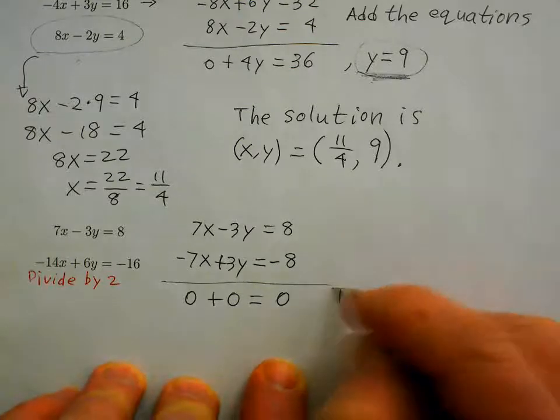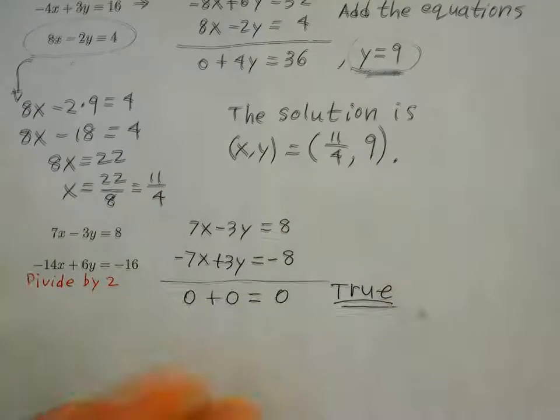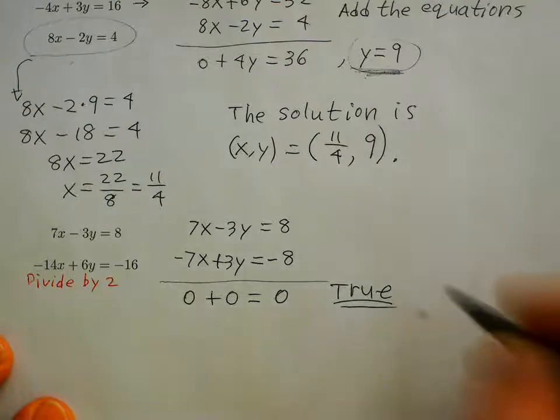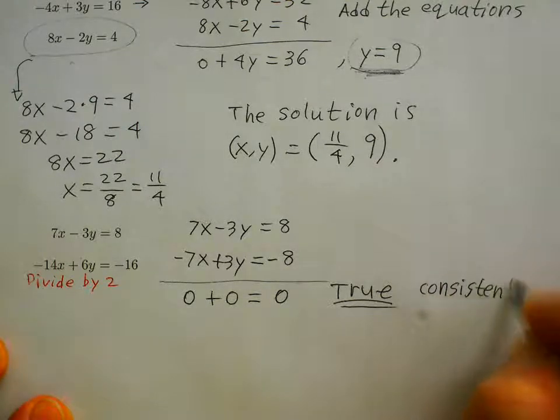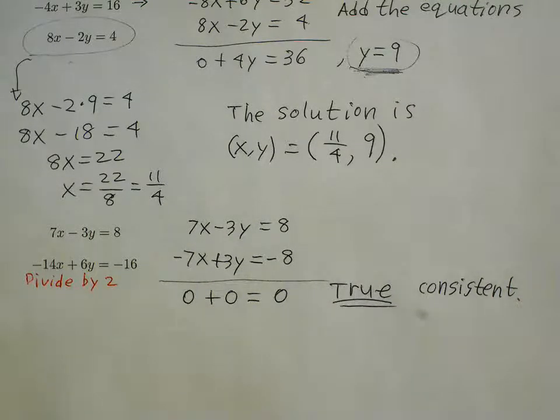That's true. 0 equals 0 is true. So 0 plus 0 equals 0 is consistent, right? It's a true statement. So the system is consistent, but what's going on here? Both variables were eliminated, but we got a true statement.